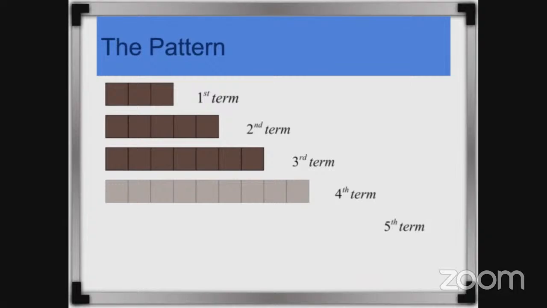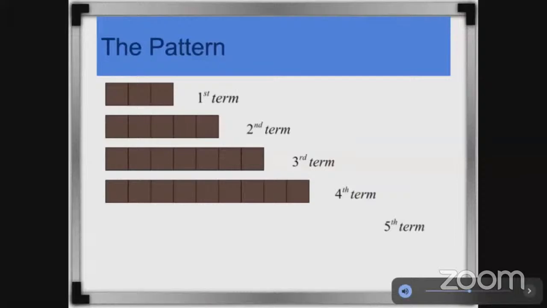So we have to make sure we are paying attention to the pattern. Right? So what do you think term 5 would look like? Miss, it would be 11. You'd add 8.